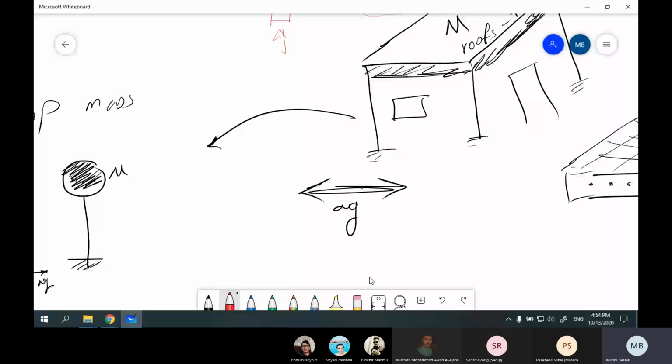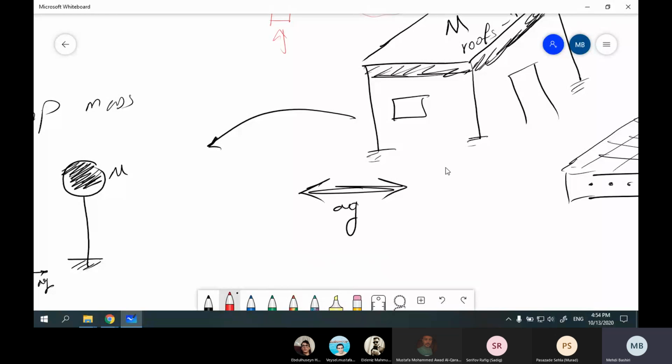In concrete structures, we have shear walls. In steel structures, and even in concrete structures, we have braces, we have dampers, we have a couple of things to resist the earthquake.